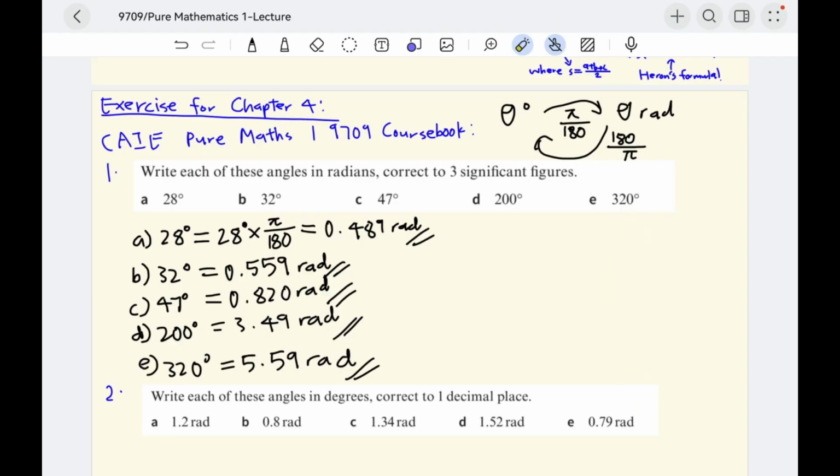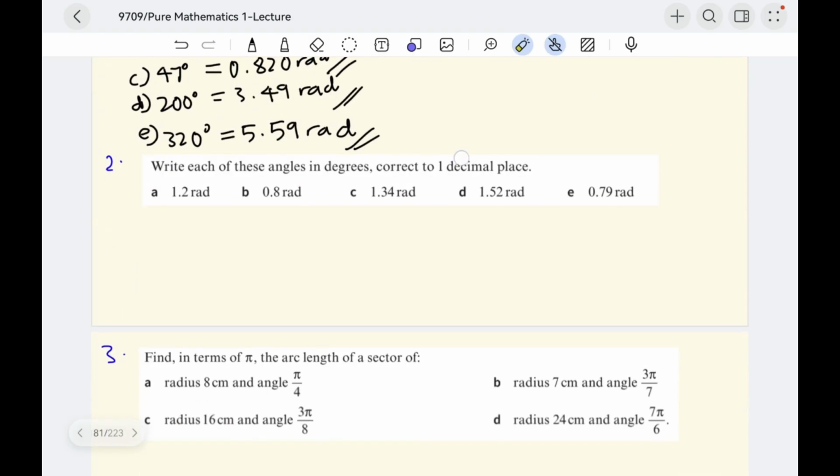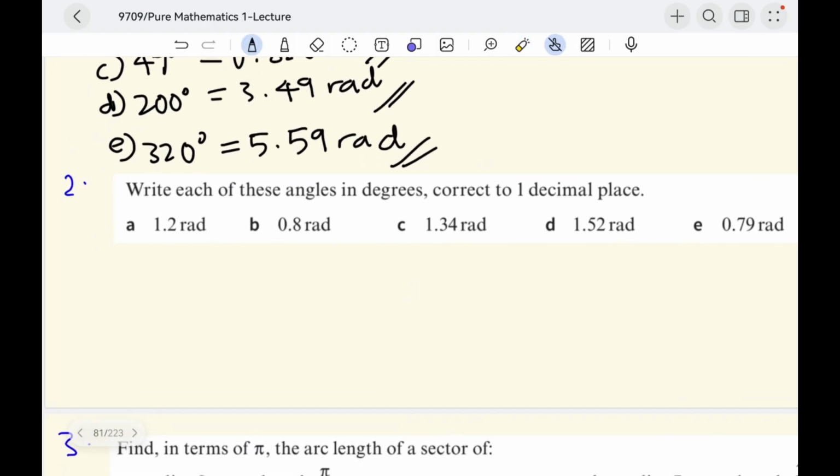So now, given the angles in radians, you just convert back to degrees by multiplying by 180 divided by pi. So what are you going to do for these questions? Just multiply each of these angles by 180 over pi, following the relationship stated just now.